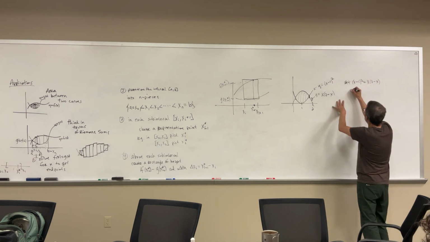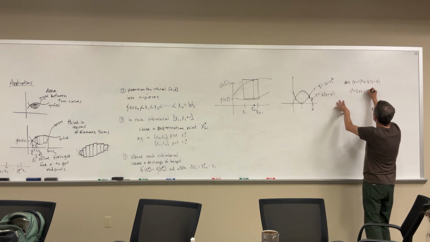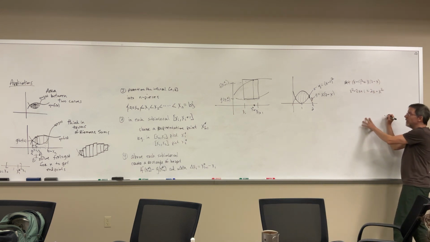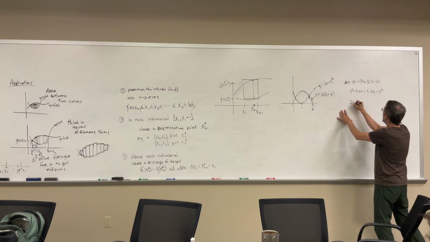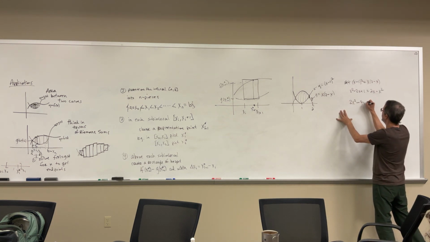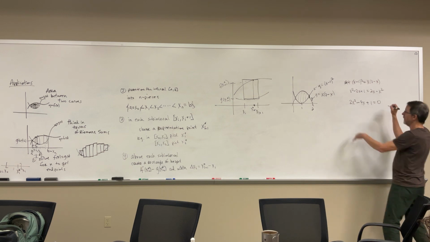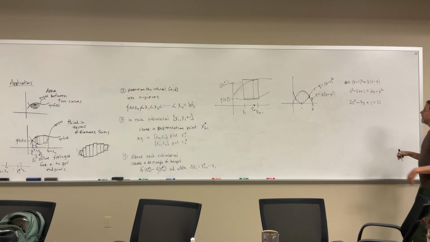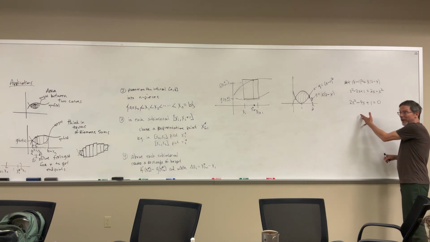And then this, I'm going to FOIL that out. This, I'm going to just multiply out. I'm going to move the x squared to this side. I'm going to move the minus 2x to this side. I think that all looks good. So I just kind of moved that stuff over.